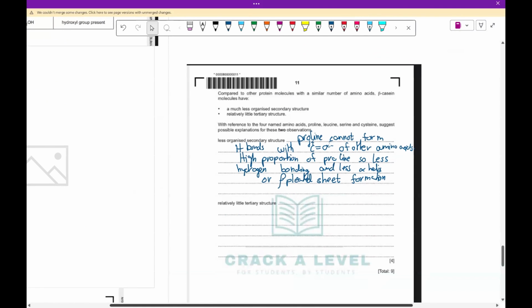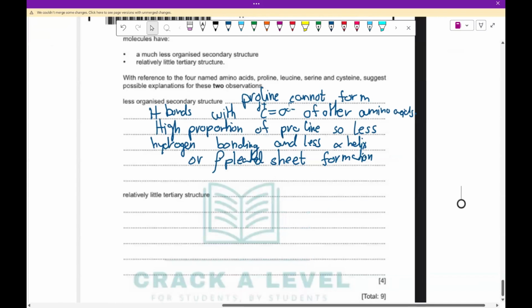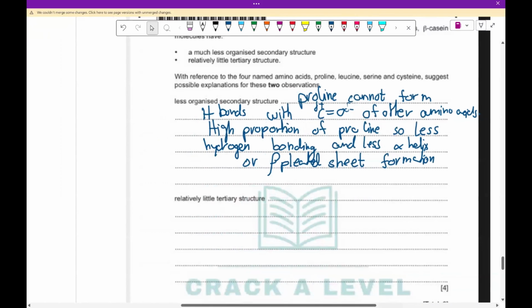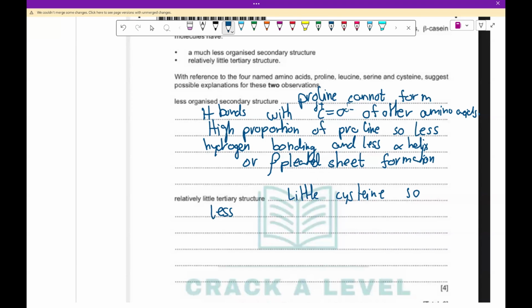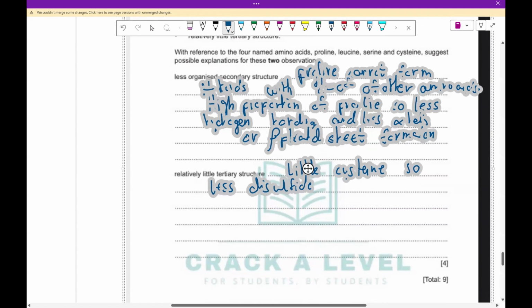So basically, there is little cysteine. So there is less disulfide bonding for the tertiary structure.